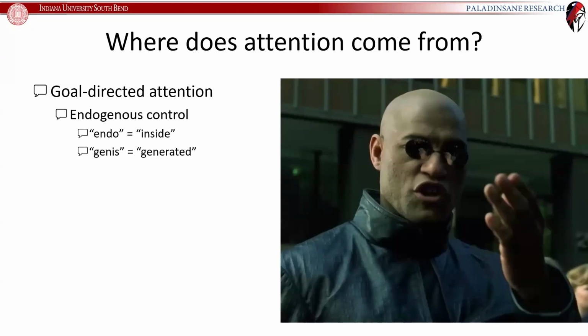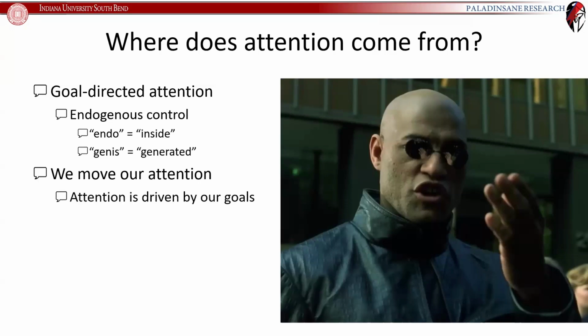I want you to process more of her information. So this was goal-directed attention. It's not grabbed by an outside stimulus. We move our attention, and it is driven by our goals. In this case, the goal that Morpheus gave Neo was to take another look at the woman in the red dress.